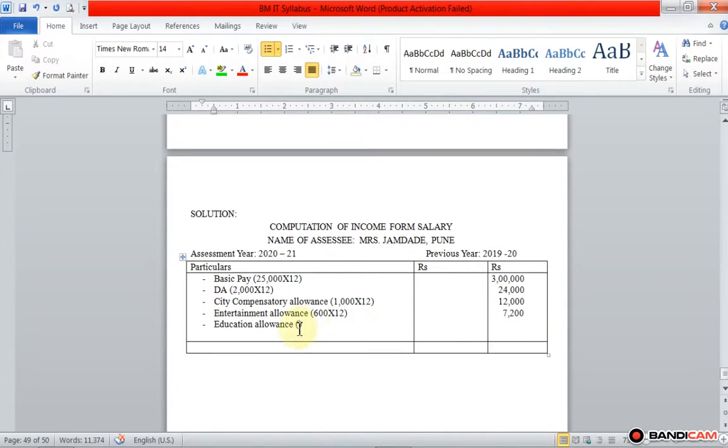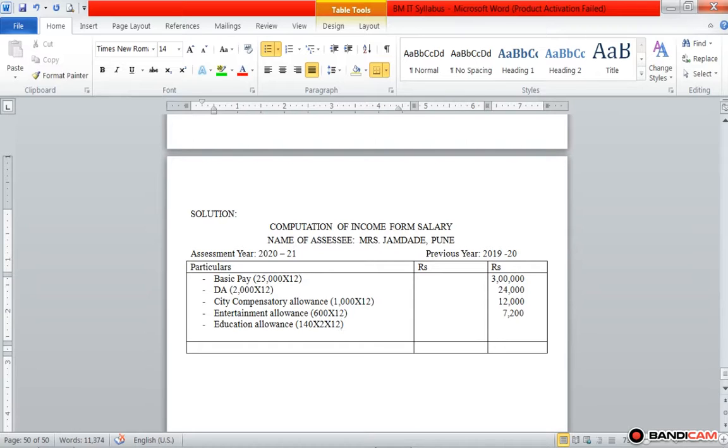Education allowance is received amounting to rupees 140 per month for two children, so we compute it for the whole year: 140 multiplied by 2 children into 12 months.